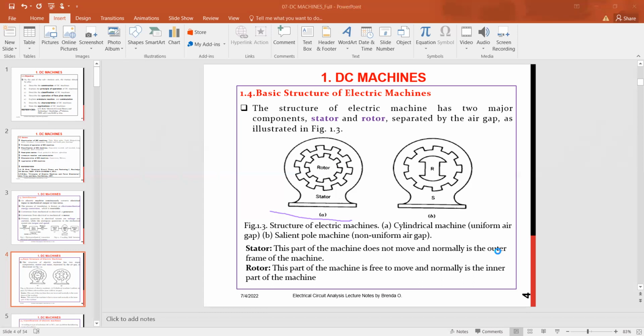In electrical machines, the stator and the rotor are separated by the air gap.